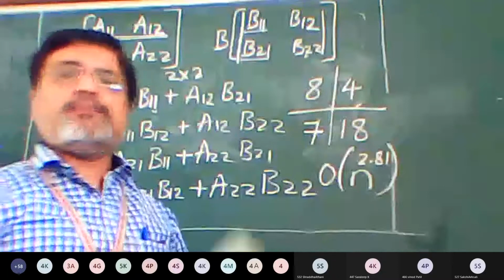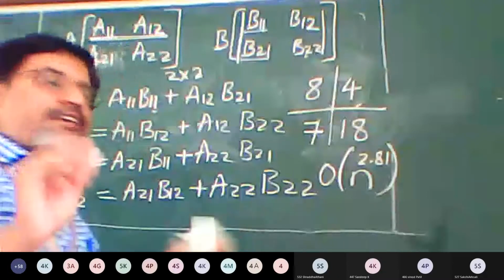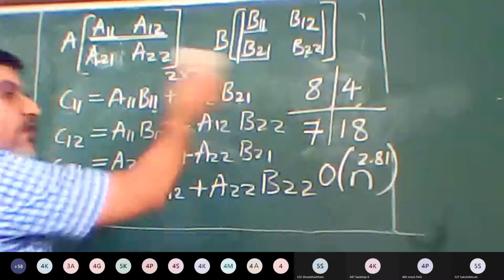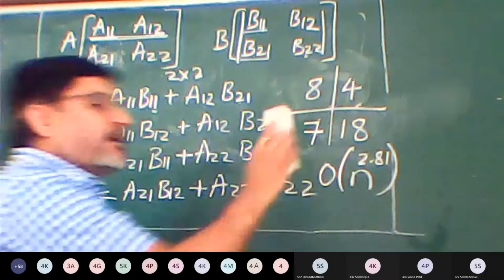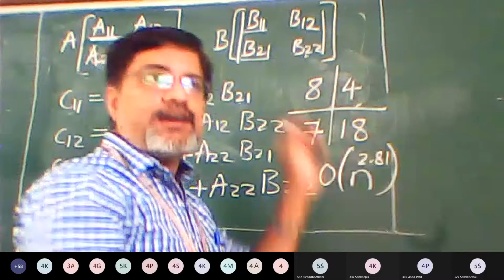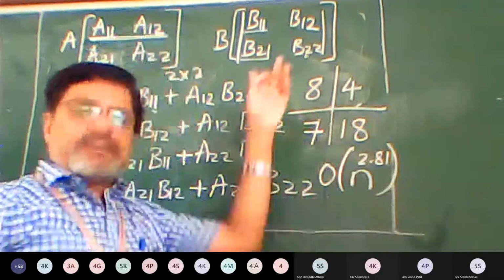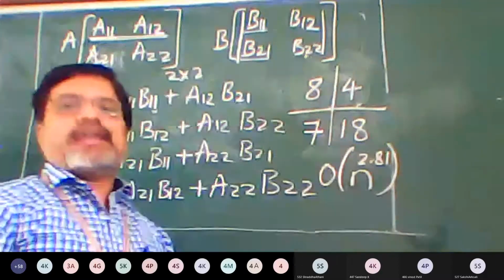So basically, to give an analogy: if we perform matrix multiplication the conventional way, we get big O of n cube as the time complexity, and similarly the space will be taken up.